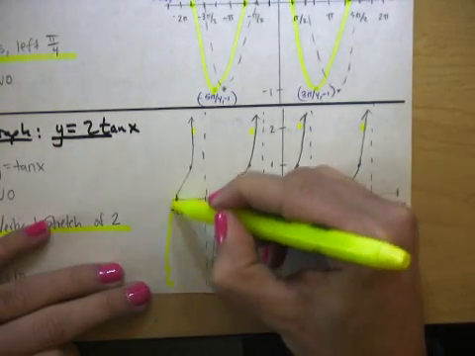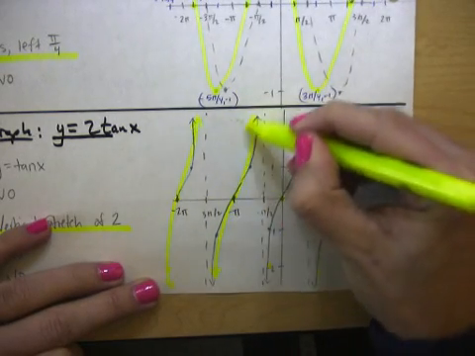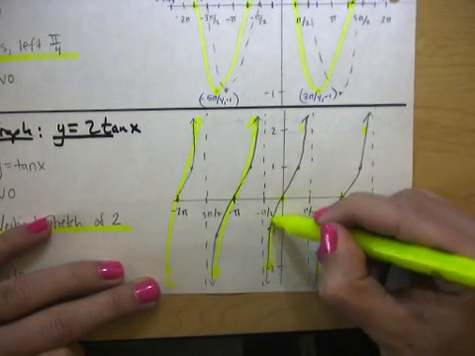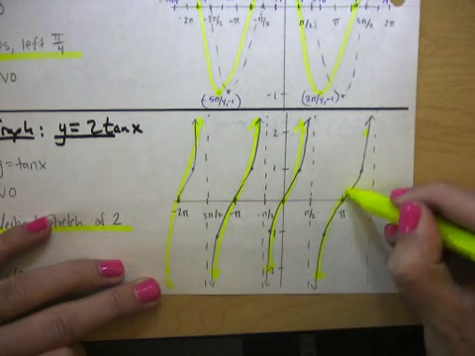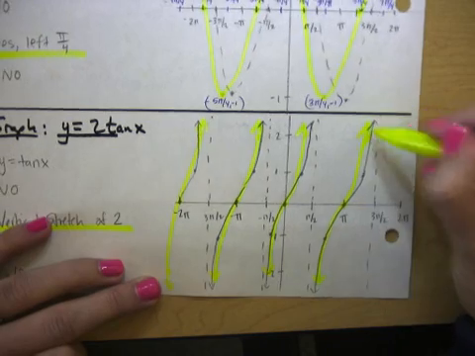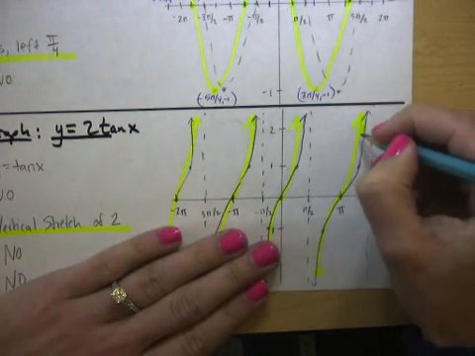So if we do a quick sketch of that, it's very slight, but they are a bit steeper. Probably the best thing to do would be to label some points.